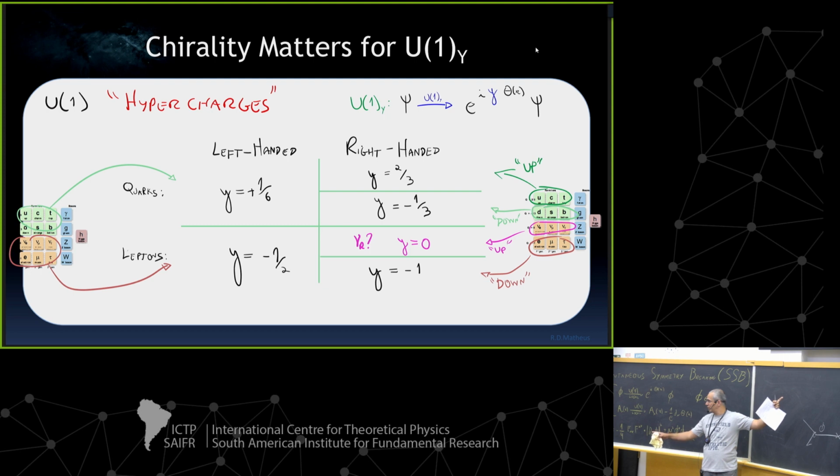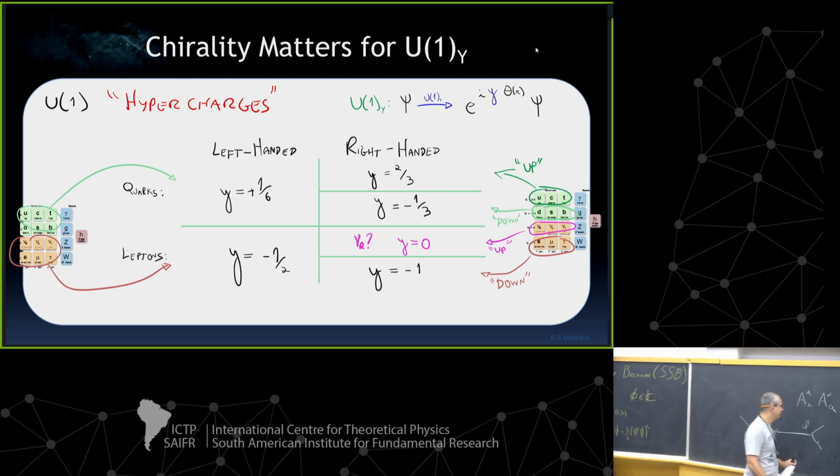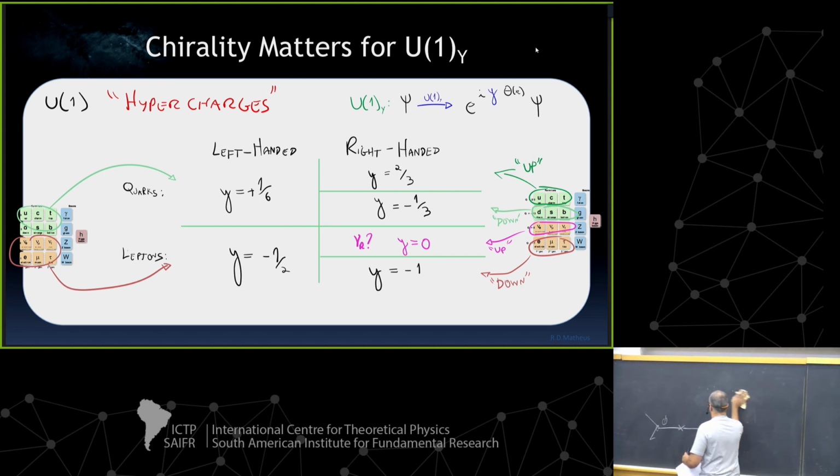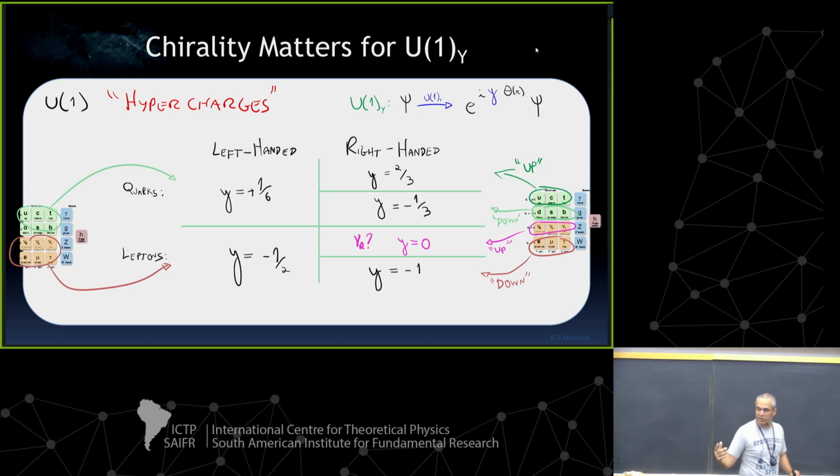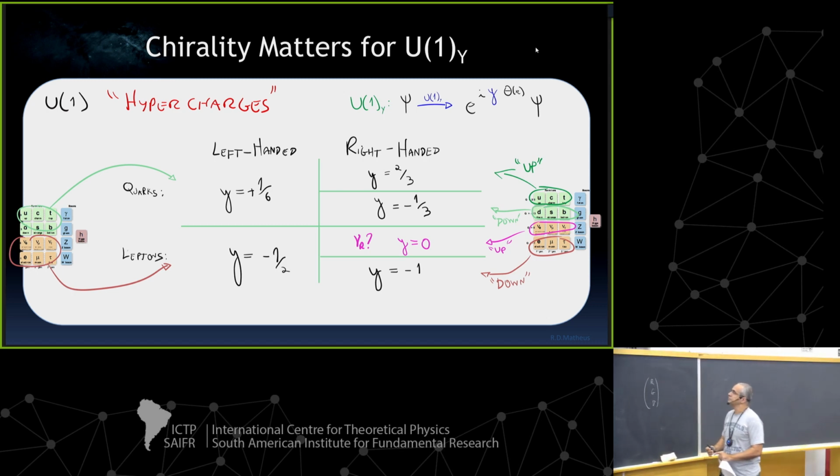I think you talked a little bit about Majorana fermions already, right? And then you don't need the right-handed one, right? So there's more than one way of solving that problem. We don't know which is the solution that nature chooses, right? We need more data in order to know. But in any case, I'll talk a little bit about the mass of the fermions tomorrow, and then this discussion can be made more concrete, okay?